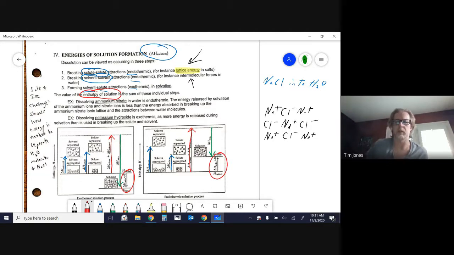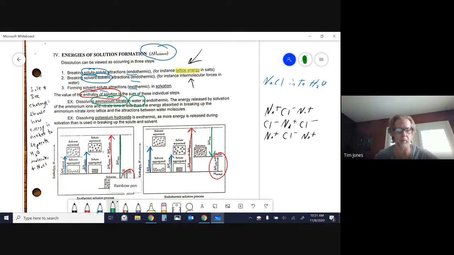Sometimes emergency and first aid kits have a cold pack, and normally the cold pack is just a mixture of ammonium nitrate in a little sealed pouch, and then water in a separate sealed pouch. And then when you go to use the cold pack, you just break those pouches or break one of the pouches so that the two things come in contact, and it's just ammonium nitrate dissolving in water. Simple process, but it gets cold.